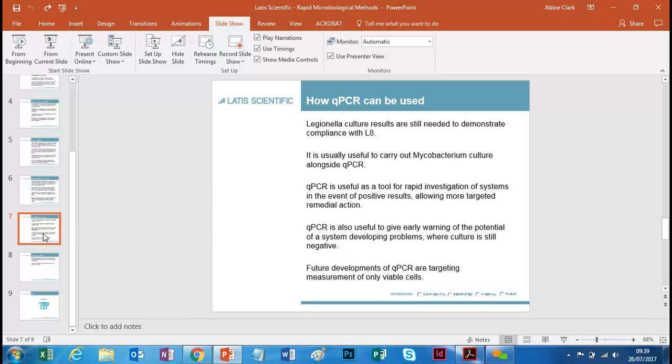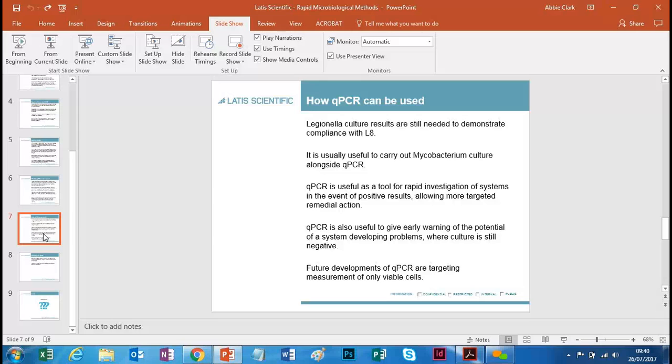And because qPCR will give you your results within 24 hours, or sometimes quicker, it lets you target remedial action in a system much more precisely and much faster to eliminate the highest risk areas first, and hopefully to bring the area which has had to be shut down back into use sooner, which will obviously benefit a user of a facility because they're able to reopen it, but it also means that with the highest risk areas able to be treated first, you reduce the risk to users of the facility.